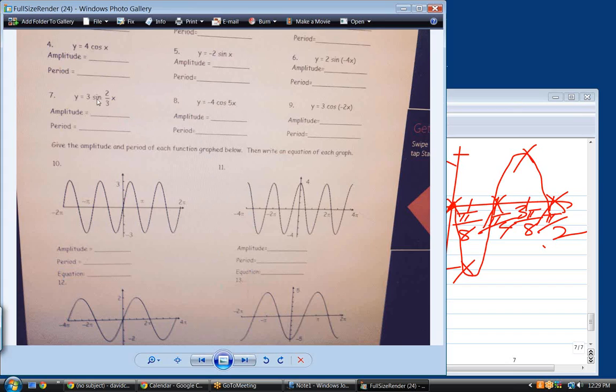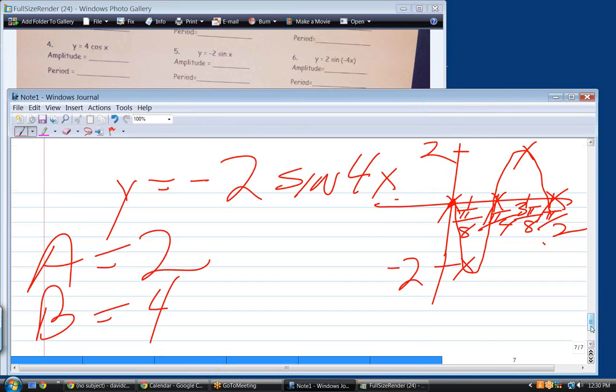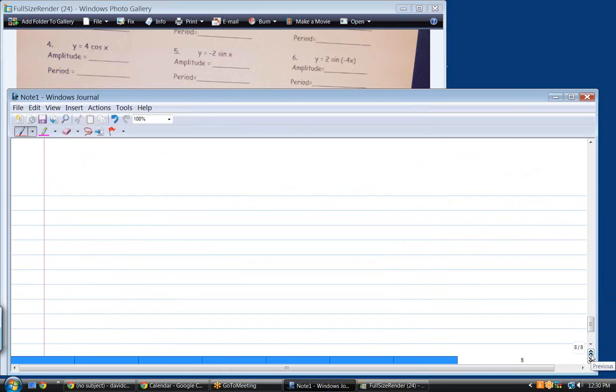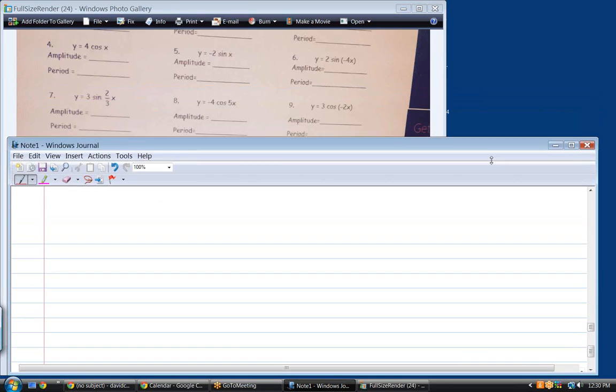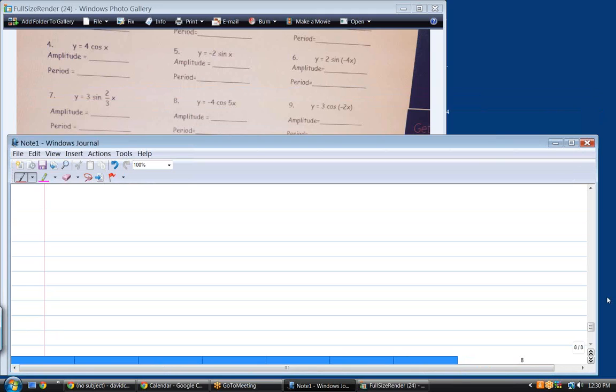Okay, so what's the amplitude of this function? Number 7, what's the period? It's 2 over 3x divided by pi. Hold on. Let's write it out. My biggest problem is making sure I can get my windows in the screen.